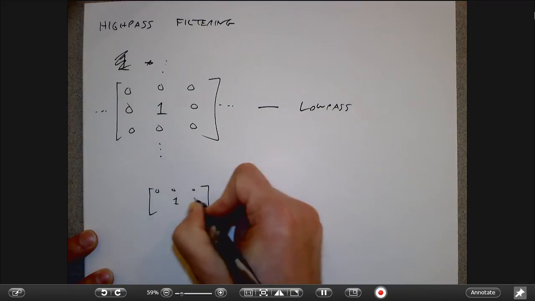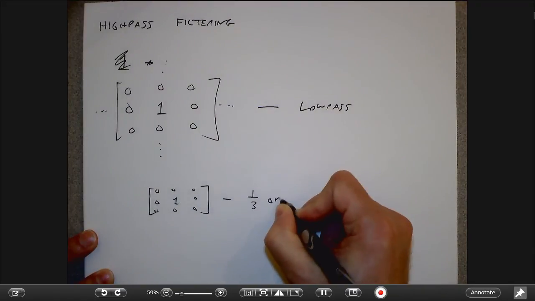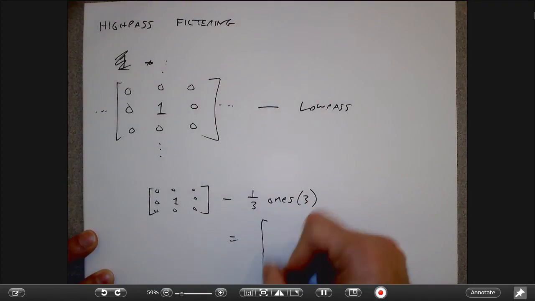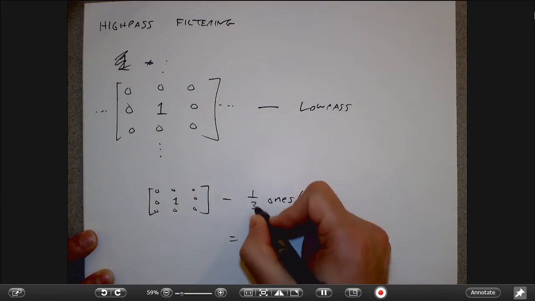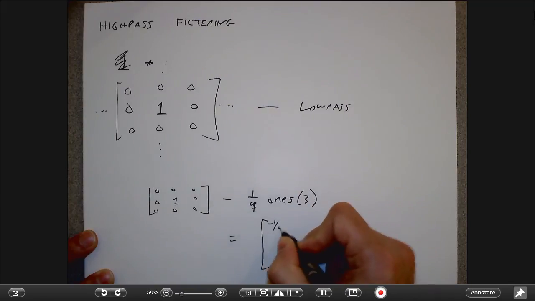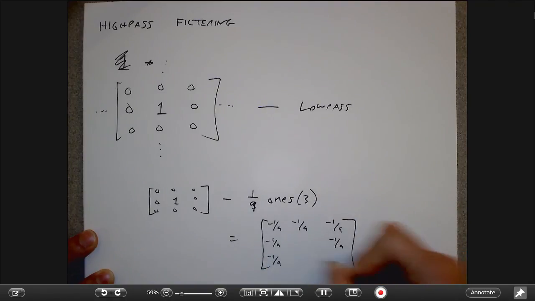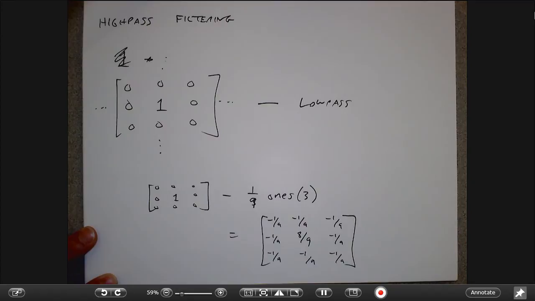And so, for example, if I took this filter and I subtracted this filter from it, what I would get would be a filter that would be negative around the edges and positive in the middle.